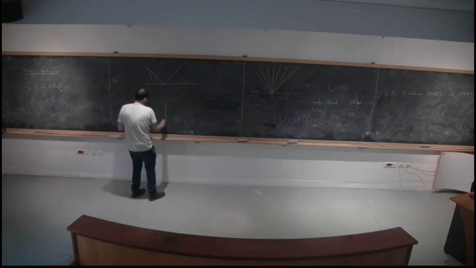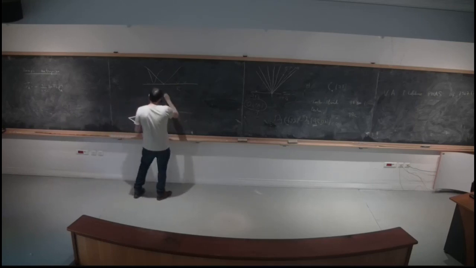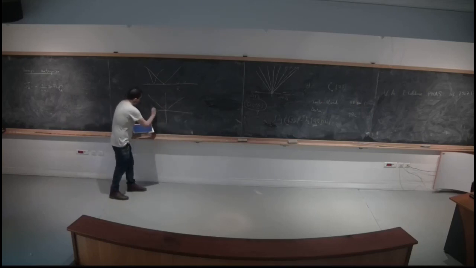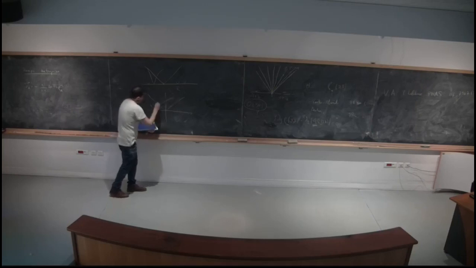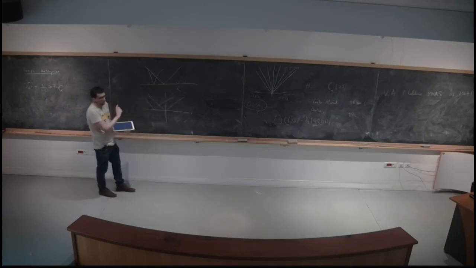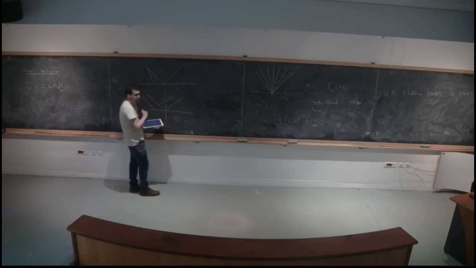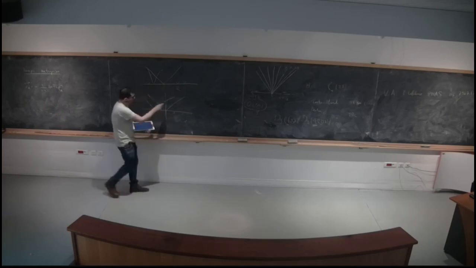So let me conclude by saying this. One funny situation is the following. In the usual case, at long times, the two members of the entangled pair end up in different subsystems. So this is, let's say, now my A, and this is my complement.